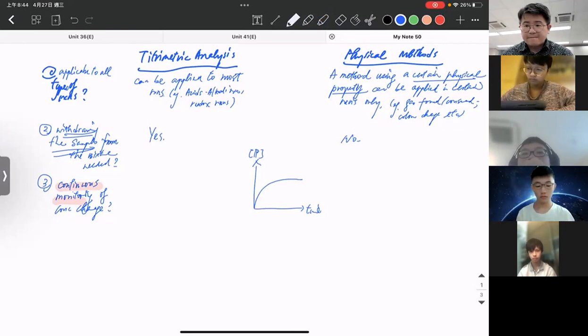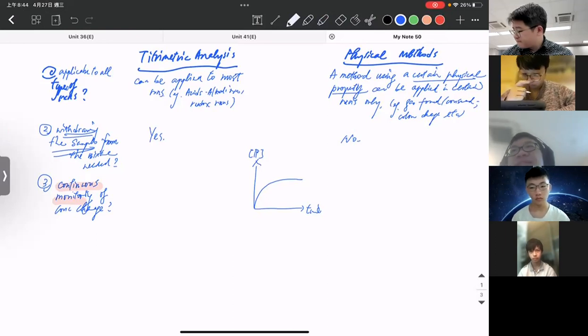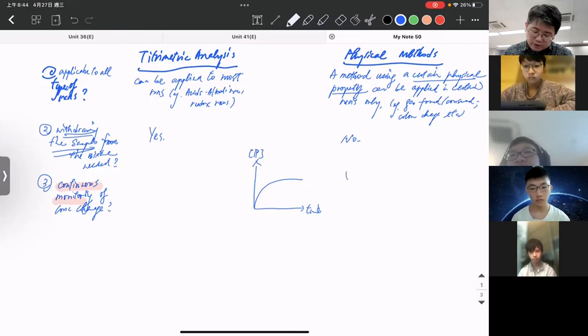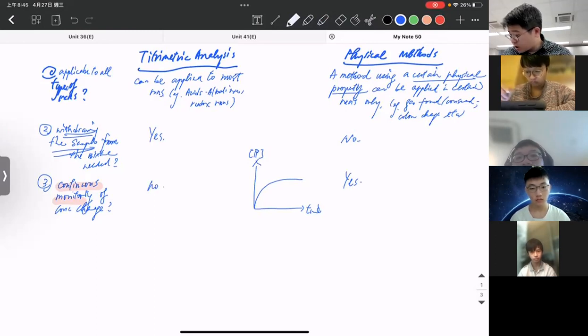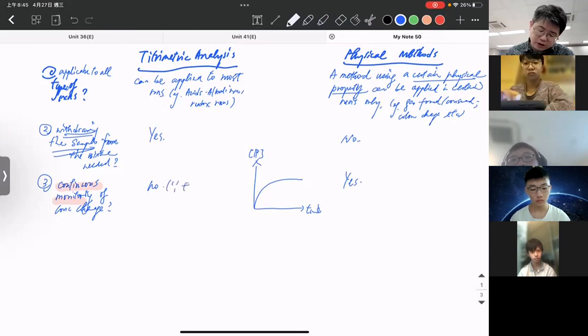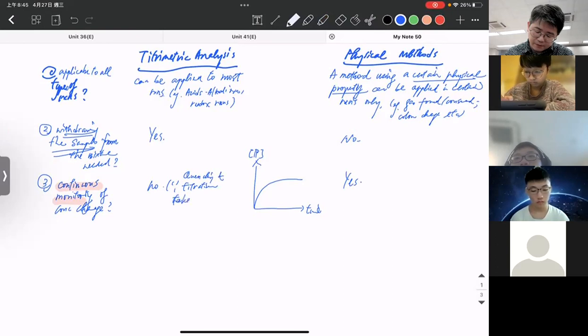I think it's the physical method. Yes, the physical method. As long as you have the gas syringe and a data logger connected to a computer, you can get that continuous data. But for titration, no. Why? Because of human limitation: titration and quenching take time to complete.